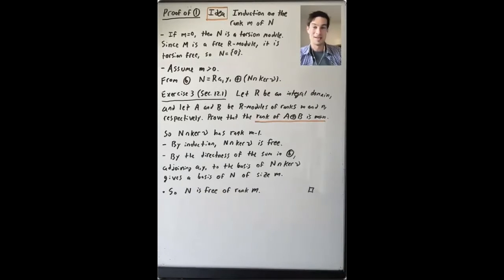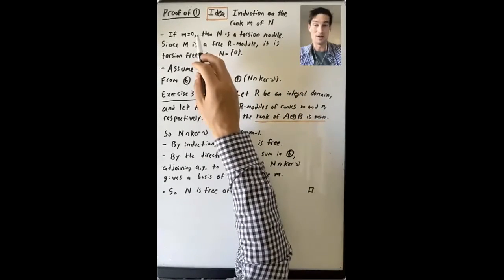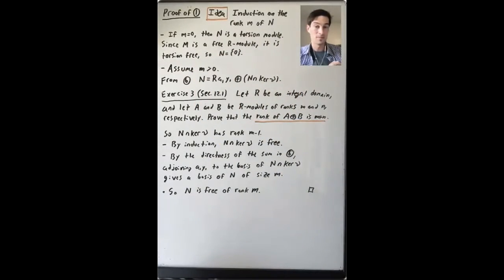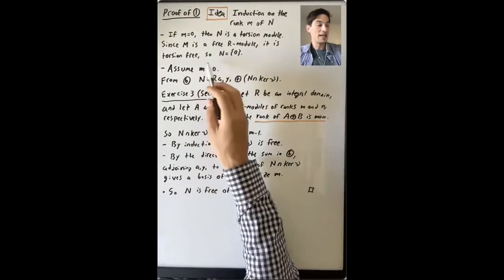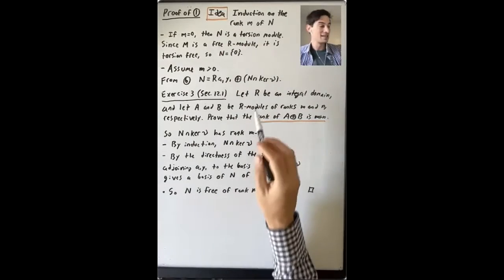Okay. So what happened here is when the rank of N was 0, there was nothing to prove. We argue by induction, and this is induction on the rank of the submodule of our free R-module M that we're looking at.